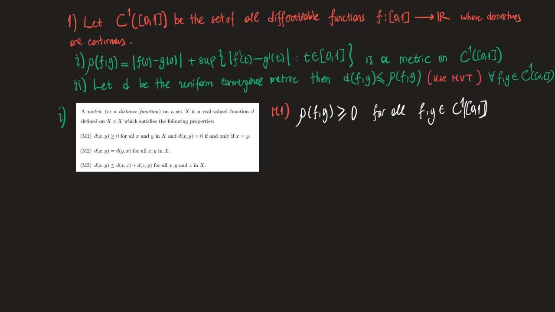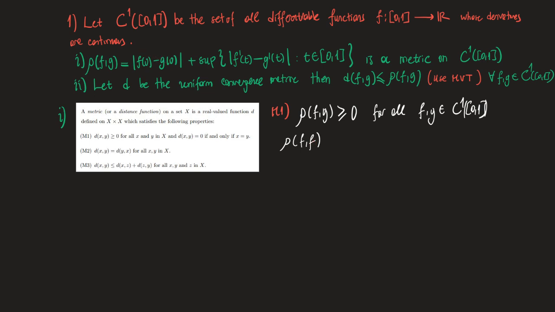Now let us show it is 0 if and only if f equals g. When they are equal, this is 0. For example, if I take the same function f and f, since we are just subtracting, the first part, f(0) minus f(0), is 0.